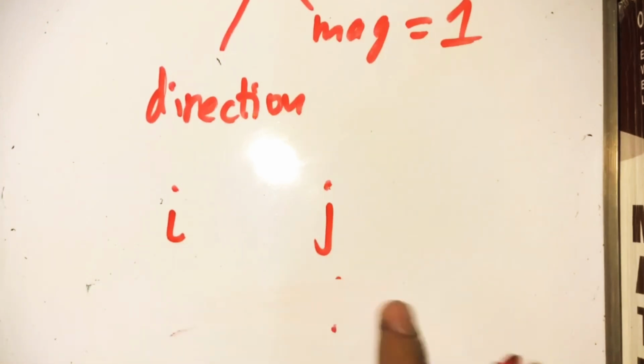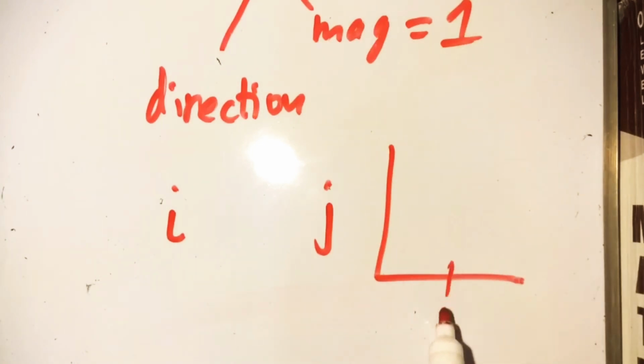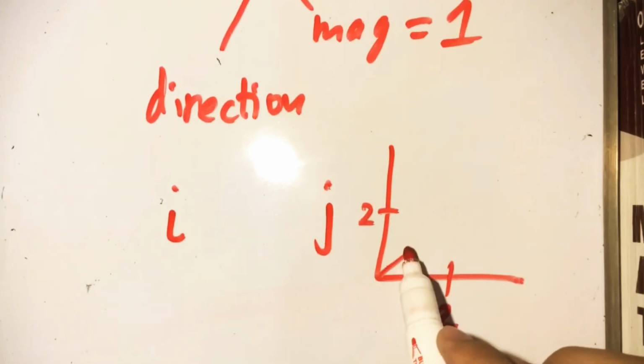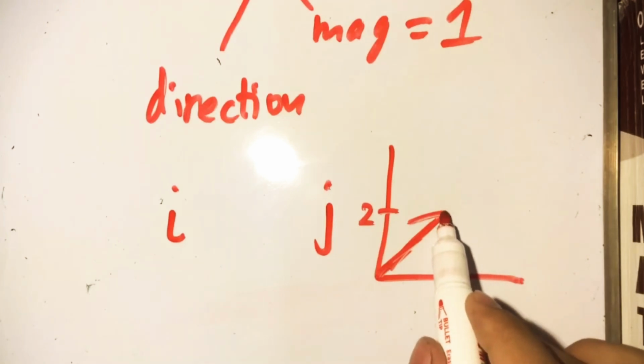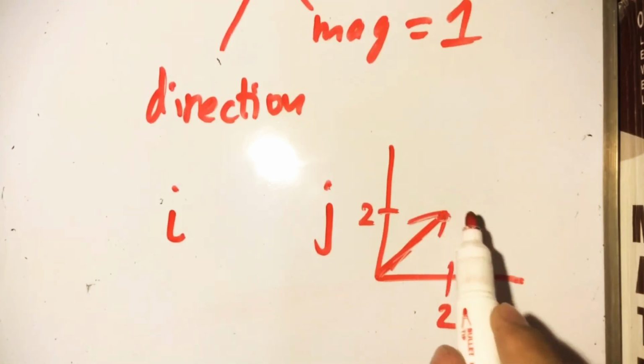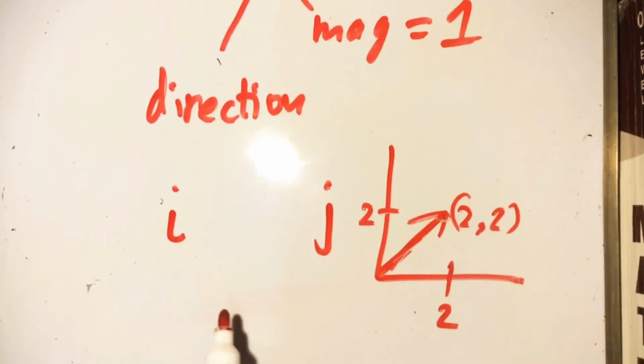So if this is a graph, we have a vector and the head of the vector is (2, 2), then the position vector of this vector will be (2, 2).